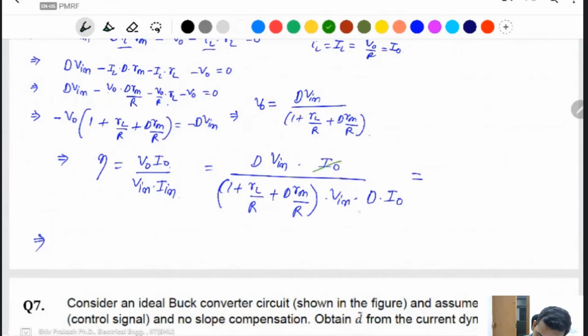This will cancel out, and this will also cancel out. The final efficiency is 1 divided by 1 plus RL divided by R plus D R on divided by R.